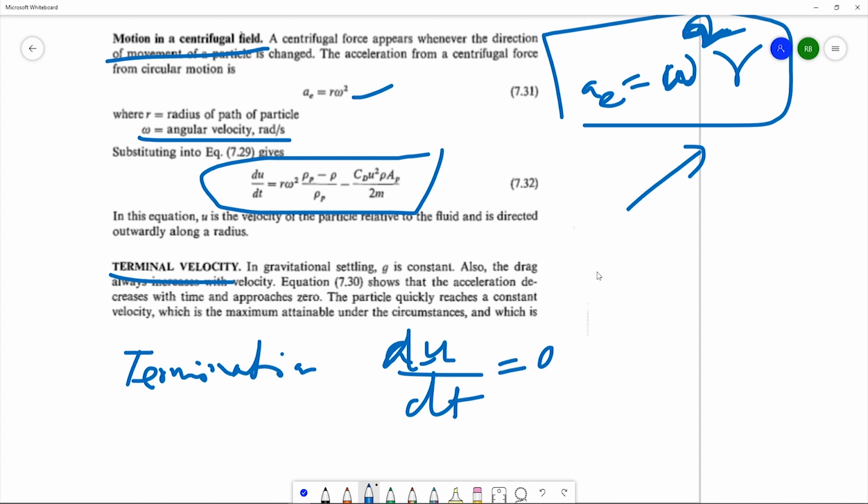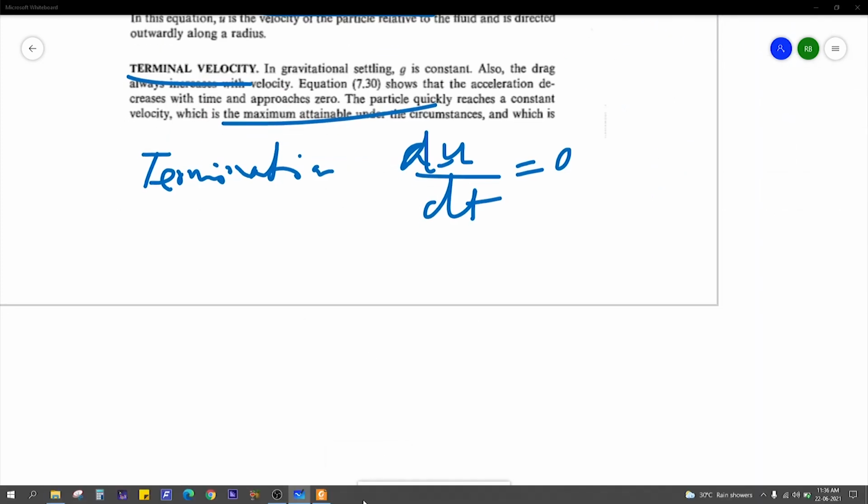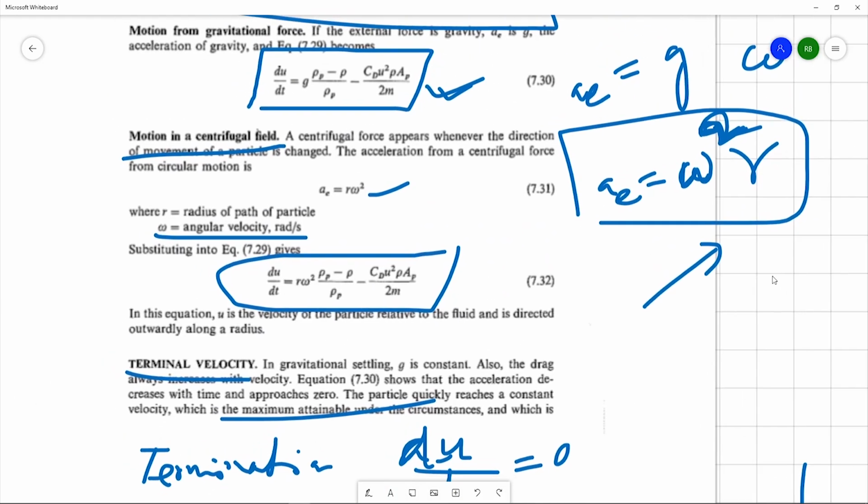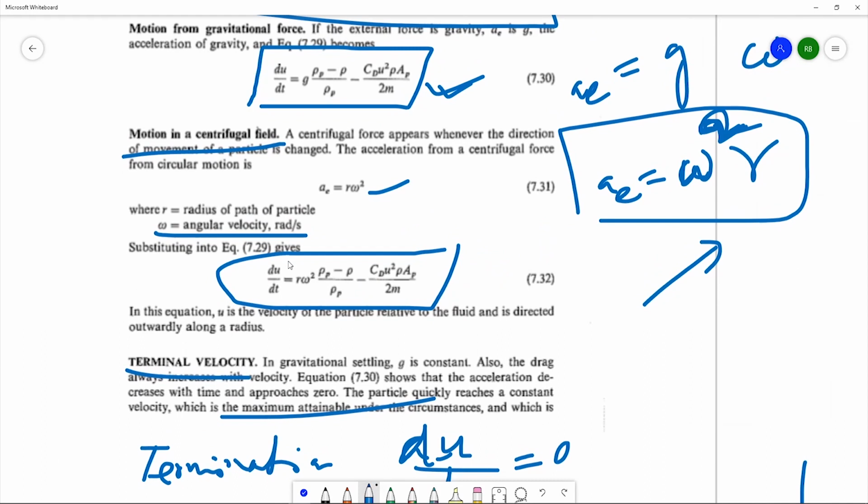Okay, so you can read out here. So how to find the terminal velocity? Simply put this term equal to 0. Du by dt is equal to 0 in this case also.